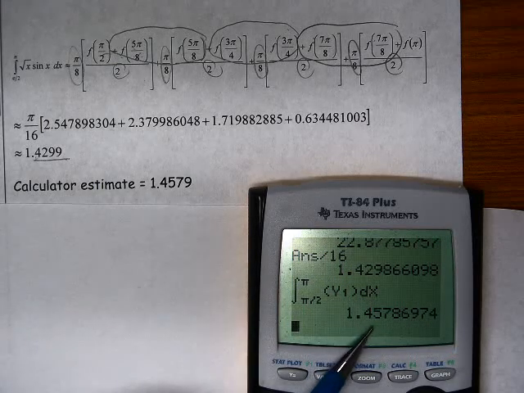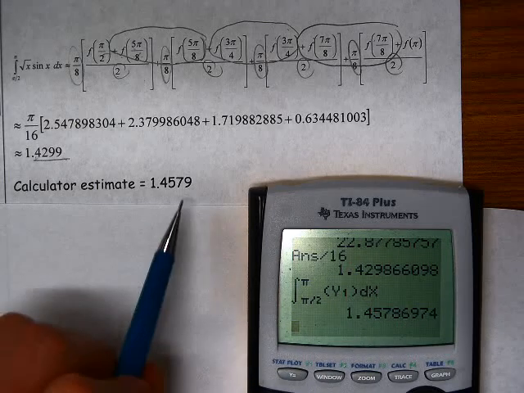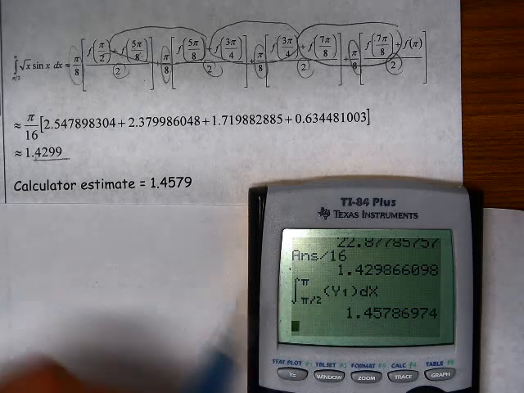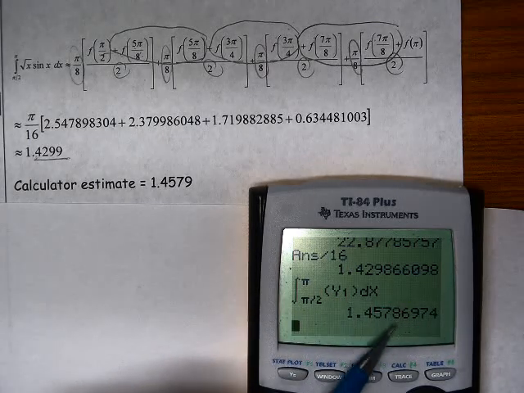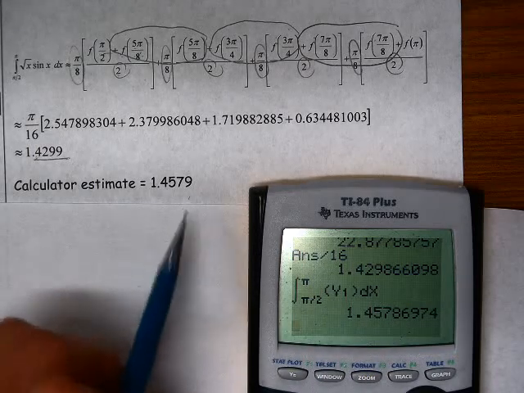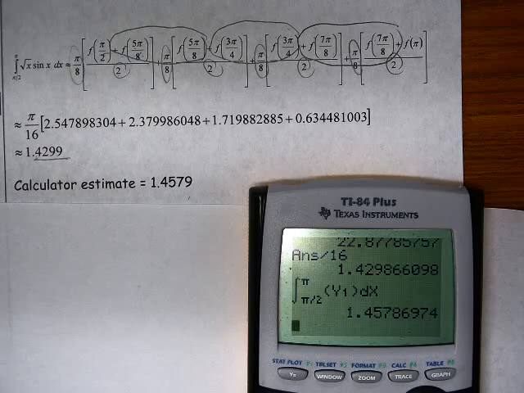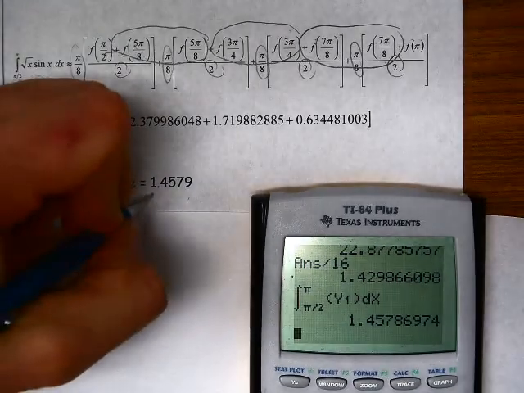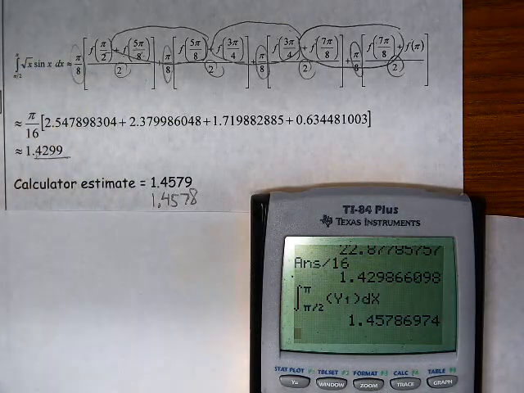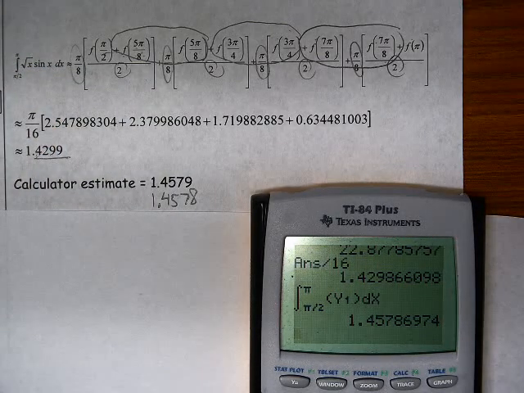So I get 1.45786. So I can either truncate that and just call it 1.4578, or I can round it. The 6 makes that 8 round to a 9, so 1.4579. Either one of those answers would be perfectly fine, but I ask that you keep 4 decimal places.